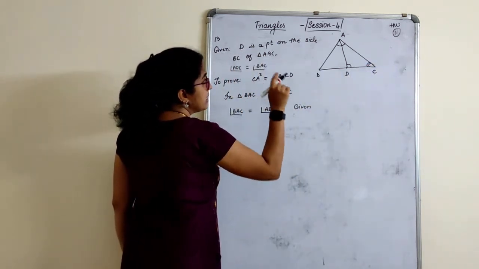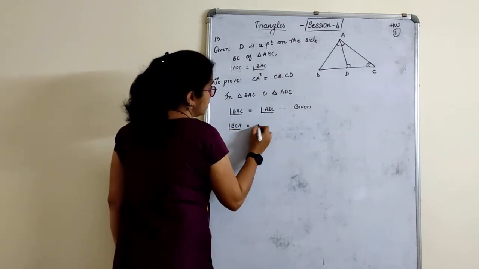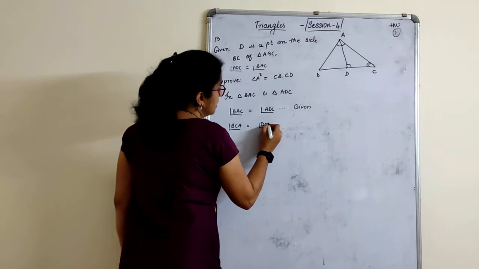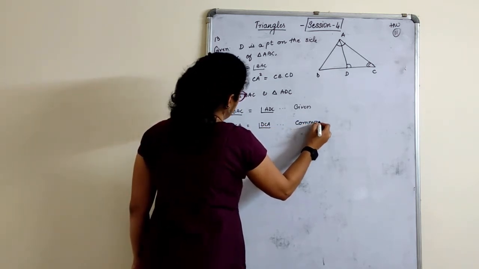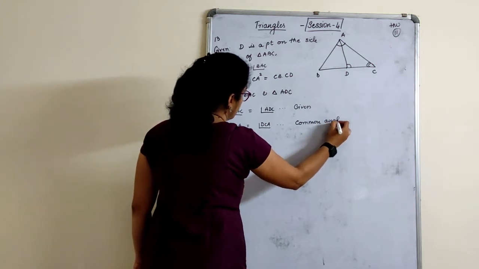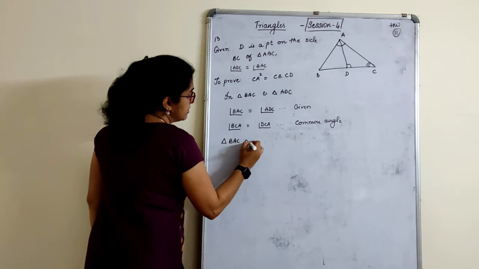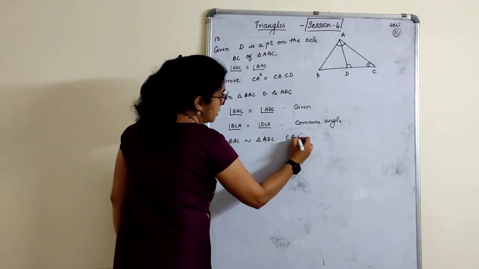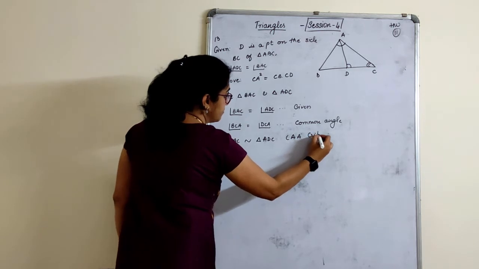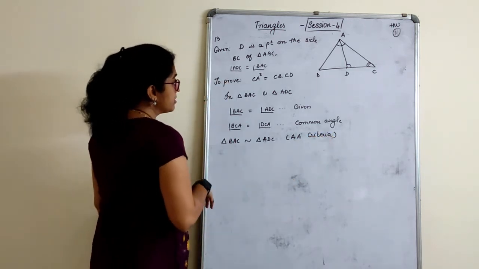Angle BCA is equal to angle BCA. Common angle. Therefore, triangle BAC is similar to triangle ADC by double A criteria. Write the similar, write the proportional sides now.